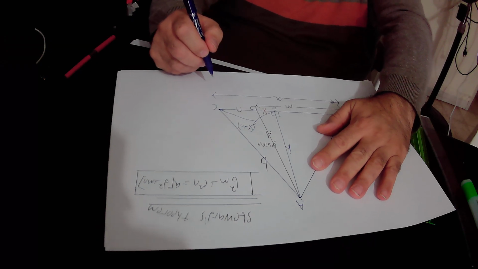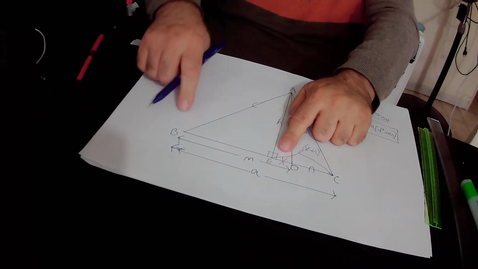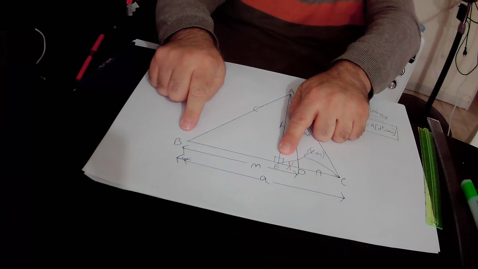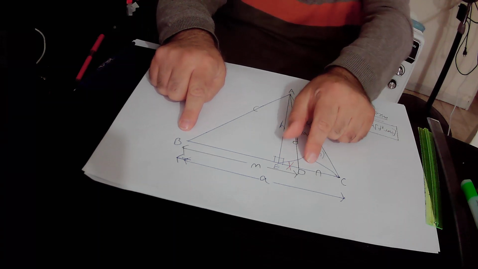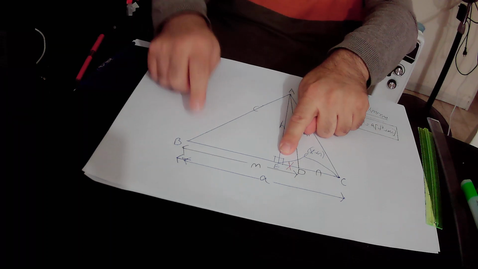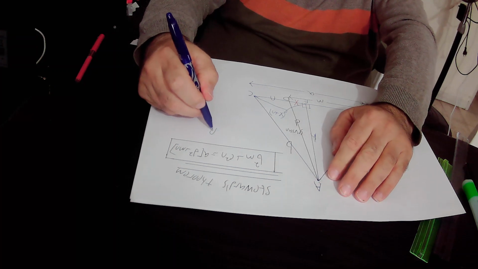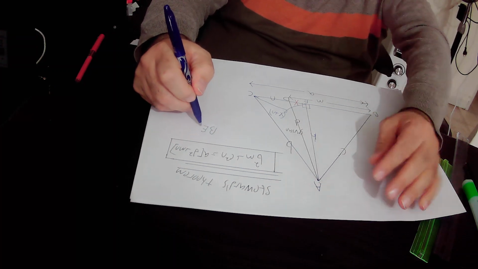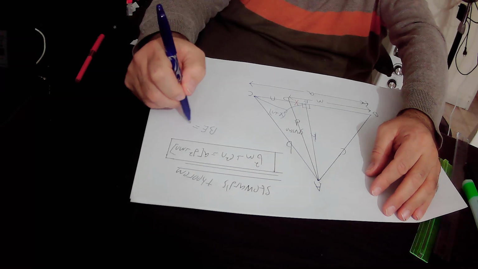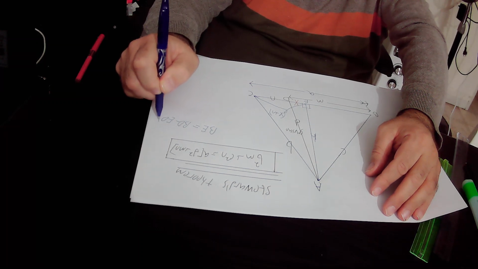And what is the length of line segment BE? From the drawing it is very easy to see that BE equals BD minus ED. BD equals m units, and ED equals x.